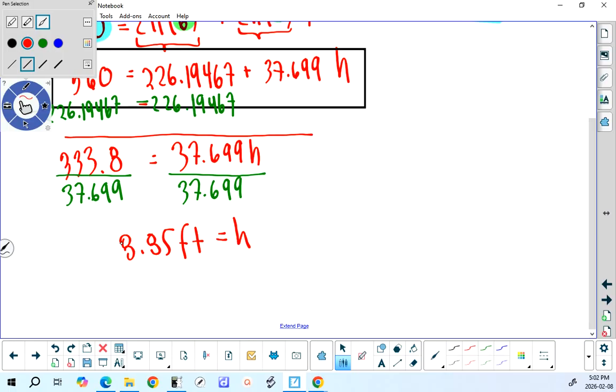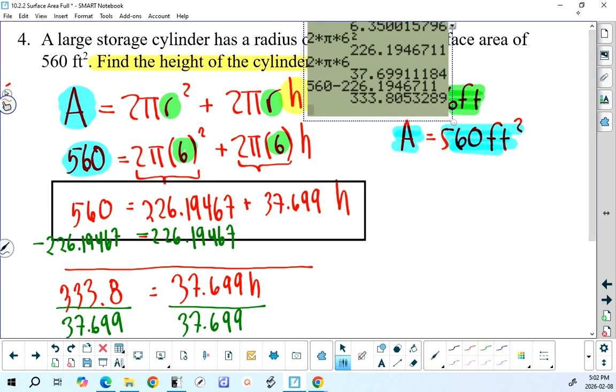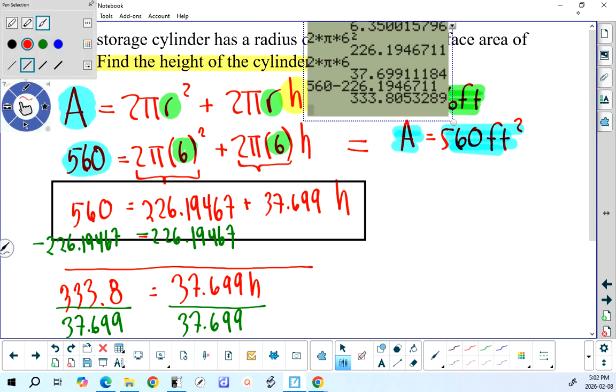Let's check it out. You don't have to check every time, but I'm going to go back up to this line right here. And where this H is, I'm going to put in my answer and see if I get 560.